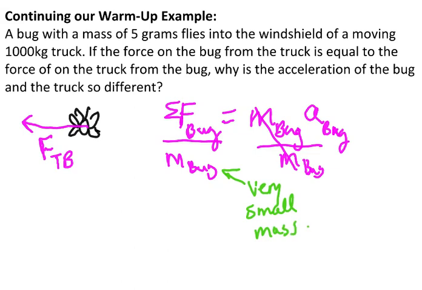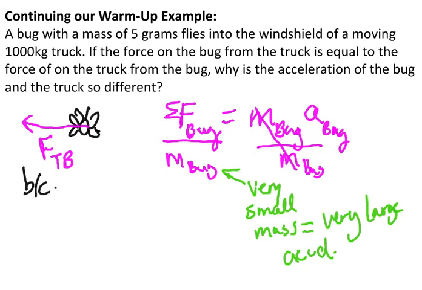And that is going to lead to a very large acceleration. So if you take a regular average sized force and divide by a tiny, tiny mass, you're going to get a huge acceleration here. So the bug will feel a large acceleration. Because the mass is small, the acceleration is very large for the bug.